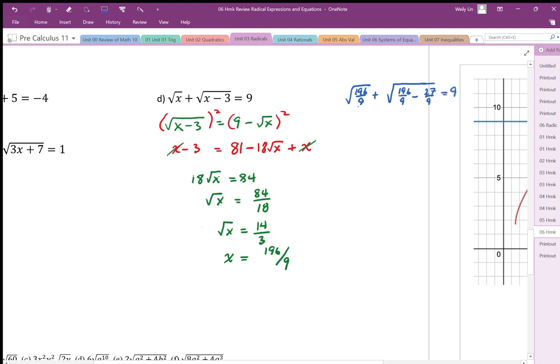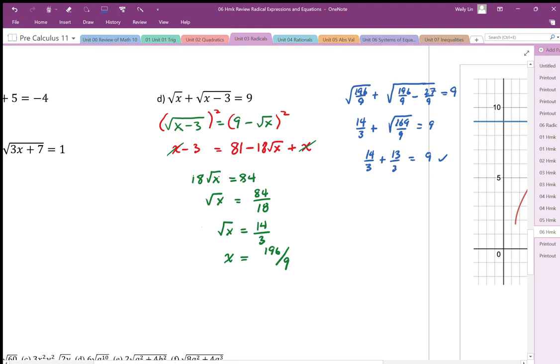When I work this out, this is 14 over 3 plus, when I subtract this, I'm going to end up with 169 over 9, and 169 over 9 simplifies to 13 over 3 when I square root it, and that's equal. So 27 over 3 is equal to 9. That is a correct solution.